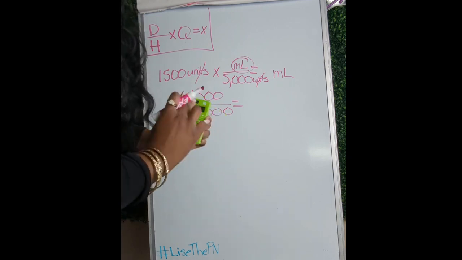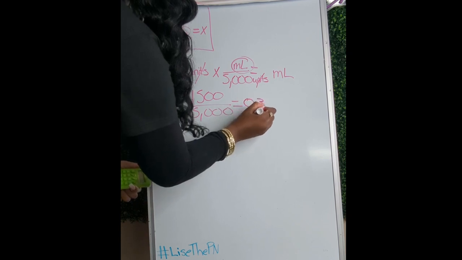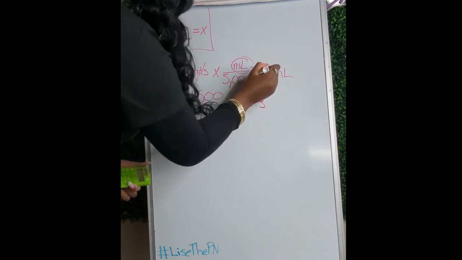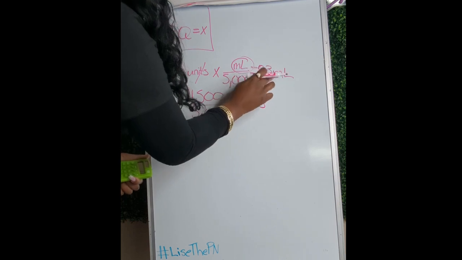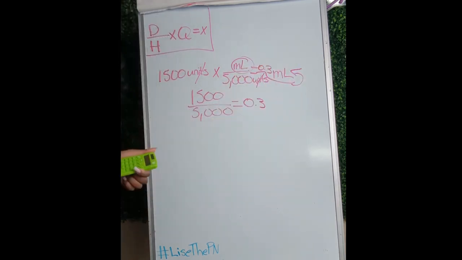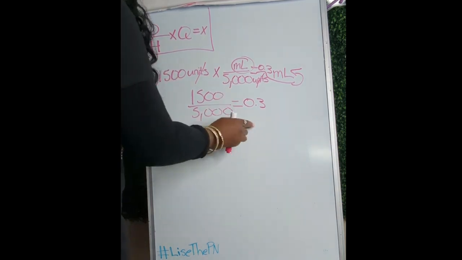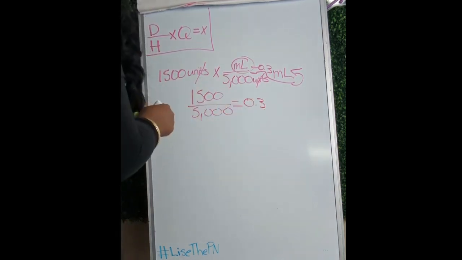Okay, that leaves us with 0.3. It will be 0.3. So we will put the 0.3 milliliters is our answer, okay? There is no rounding. You would literally draw up your 0.3 milliliters.